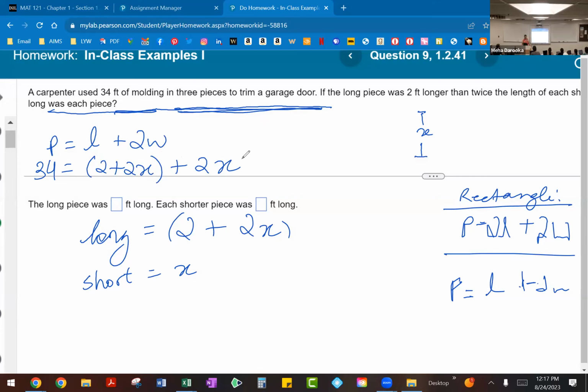Questions at this point? Any part of it that did not make sense? All right, let's solve this then. I need to make space here.